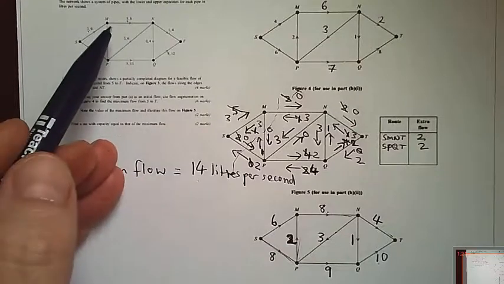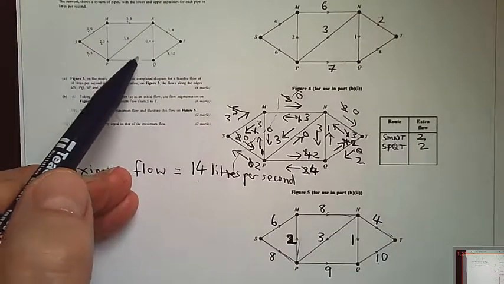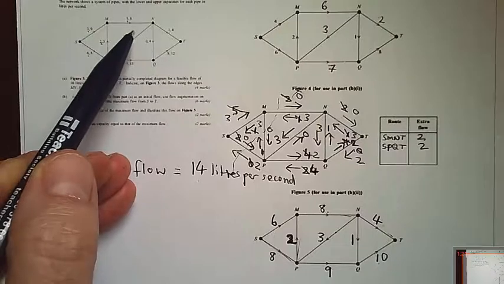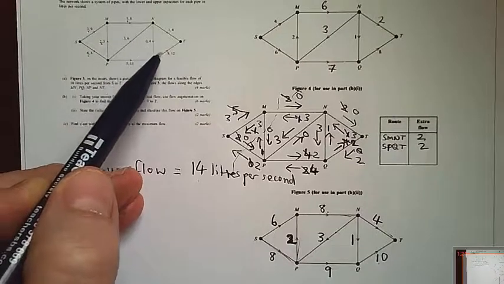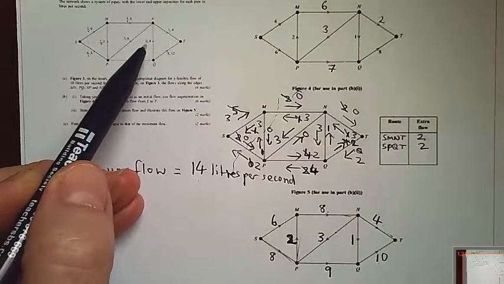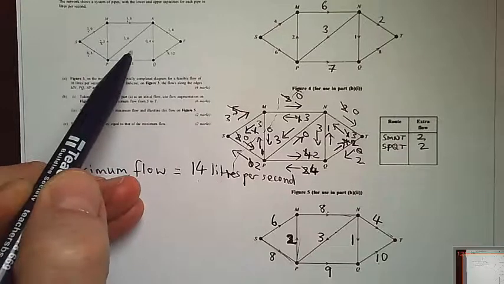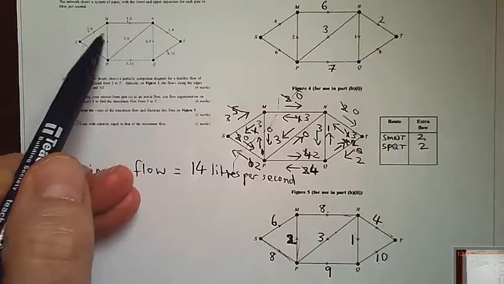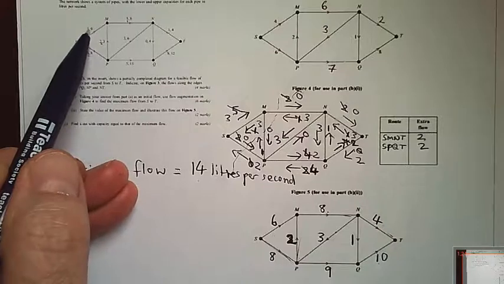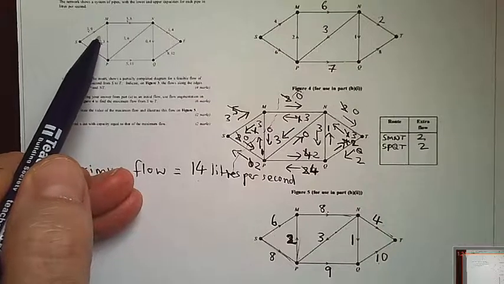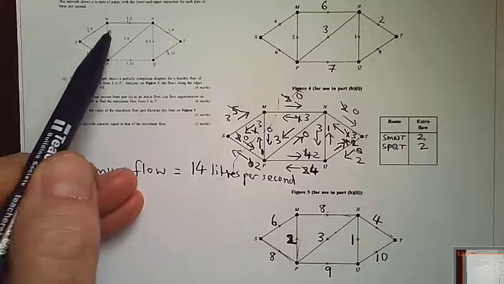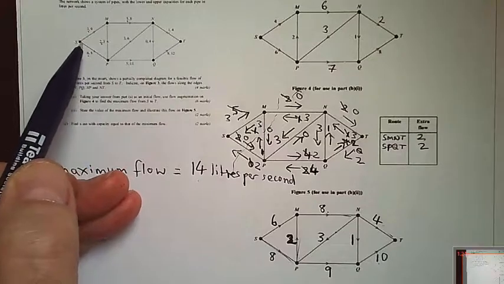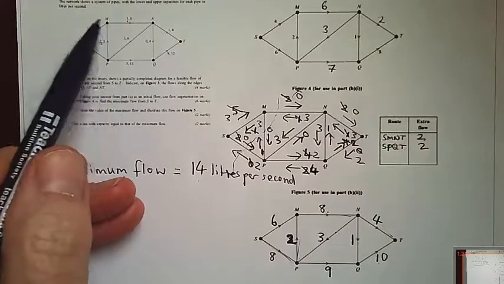So you're looking here for a cut of 14. Remember with cuts that you subtract the minimums when you have minimum capacities. So a little bit more difficult than normally where we don't have minimum capacities, where we only have to consider the maximums of the arcs going from the source to the sink through the cut.